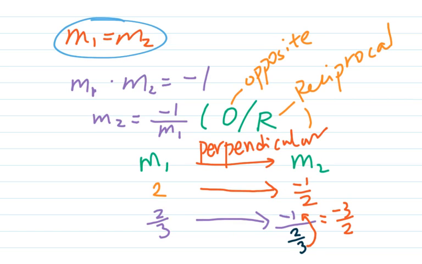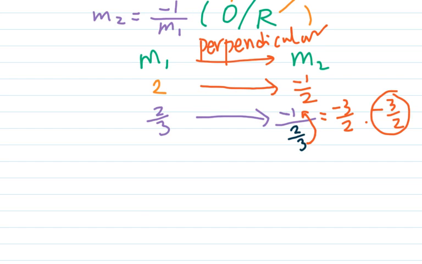Or I can do the opposite of 2 over 3, which is negative, then flip, and I get -3 over 2. So if you know the rule for perpendicular lines, just say OR, opposite and reciprocal, and you can get the answer directly.